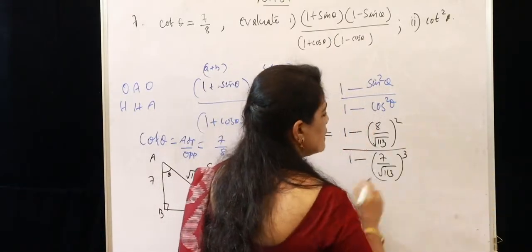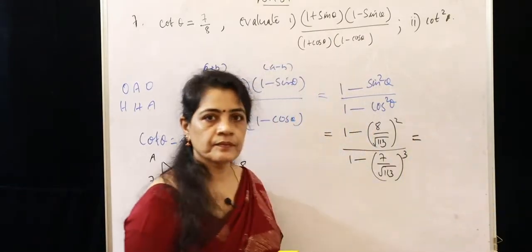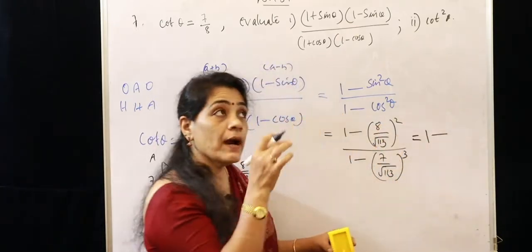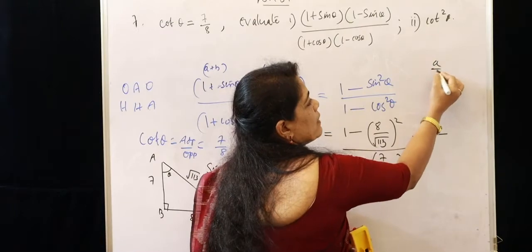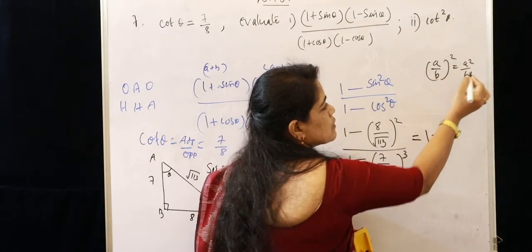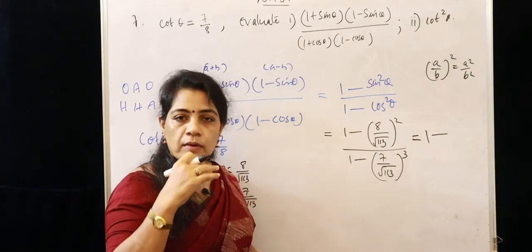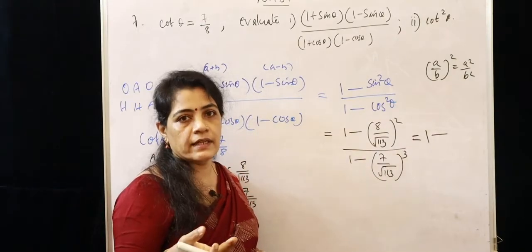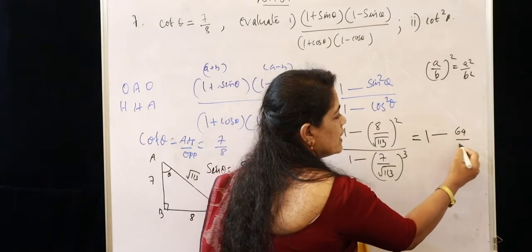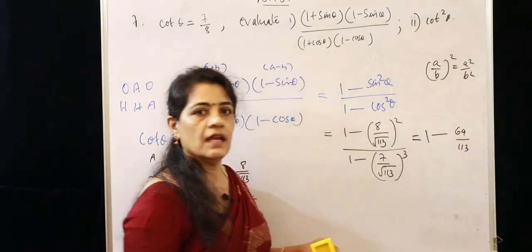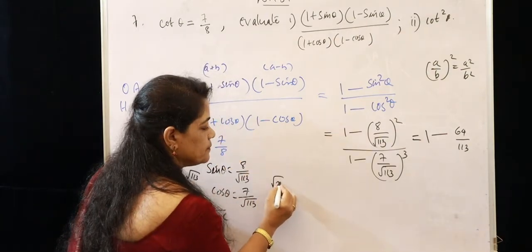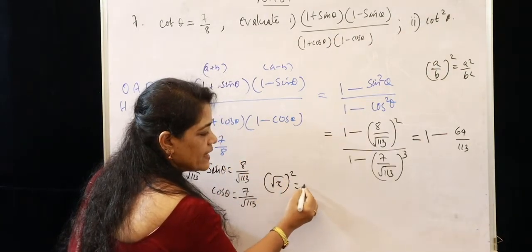So this becomes 1 minus, what is a by b whole square? A by b whole square is a square by b square. So take the square of numerator and denominator separately. That is 8 square, 64, divided by 113. If you take the square of a square root, root x whole square is x itself.